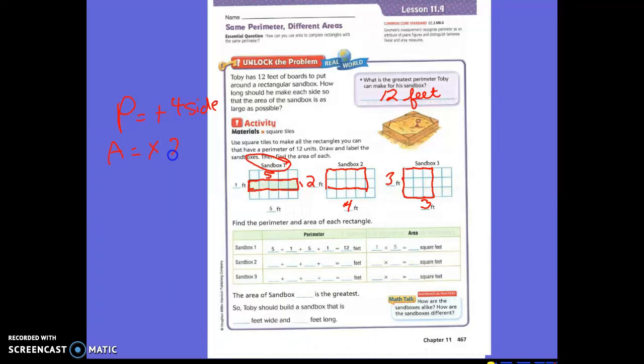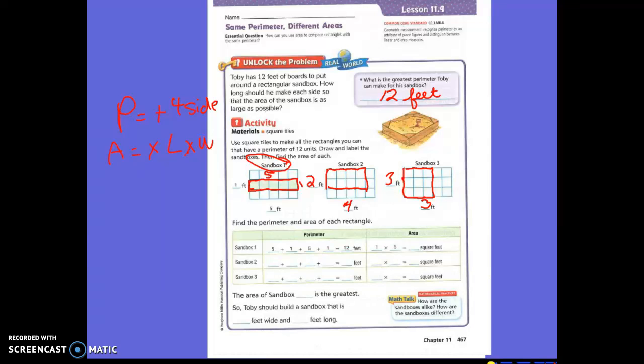And you only do the length and the width. Let's do length times width. You do the length times the width, only 2 sides, basically. They did the length as 1, and the width is 5, so it's 1 times 5.